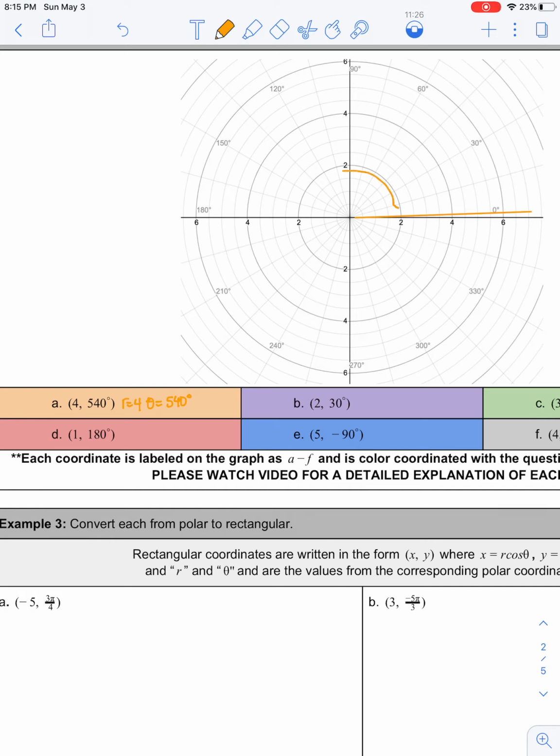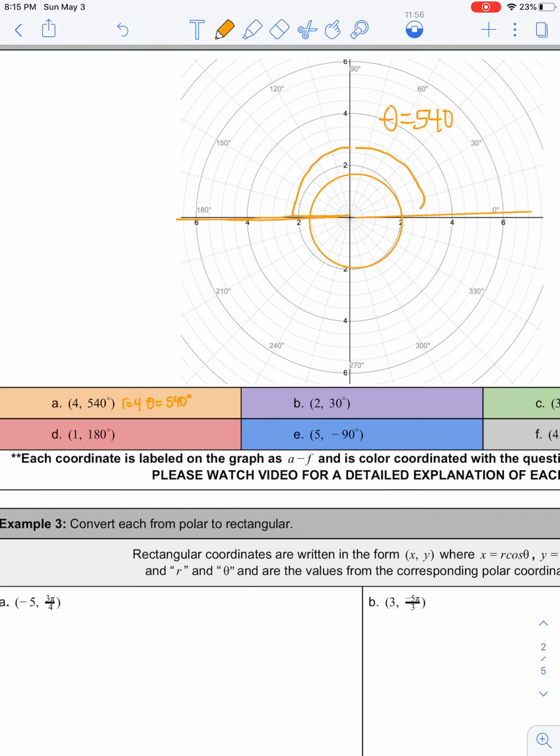Well, I know if I go all the way around my unit circle once, that's 360 degrees. If I go a quarter more, that's 450 degrees. And if I go 1/4 more, that's going to land me at the 540. So we have theta is equal to 540 degrees. And that has us plotting here on this radial line. That actually also corresponds to 180 degrees.